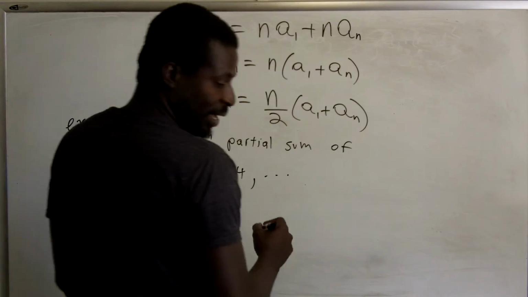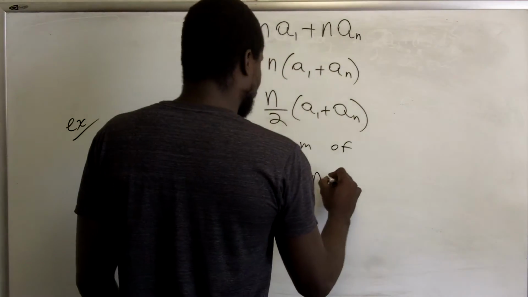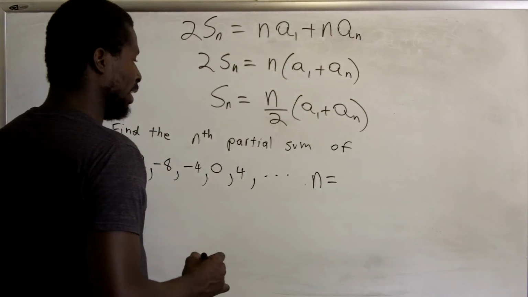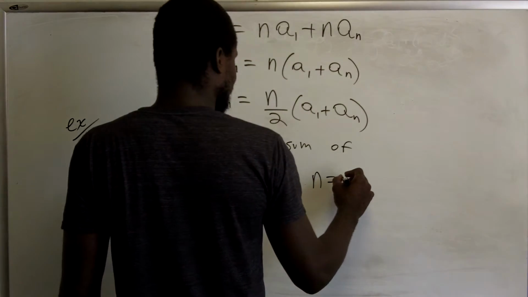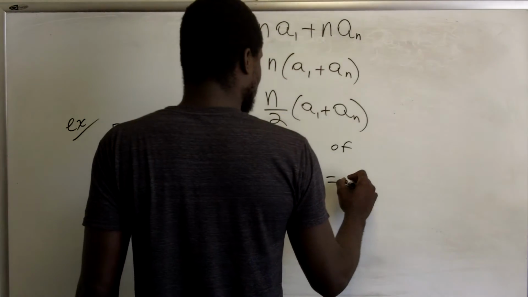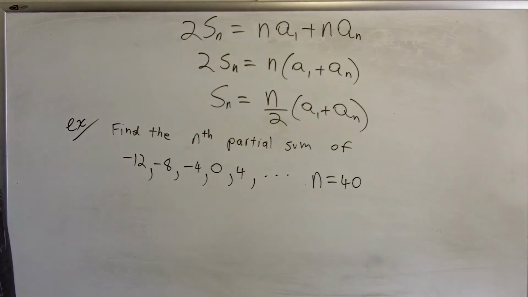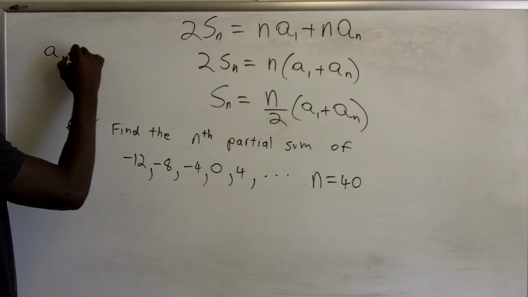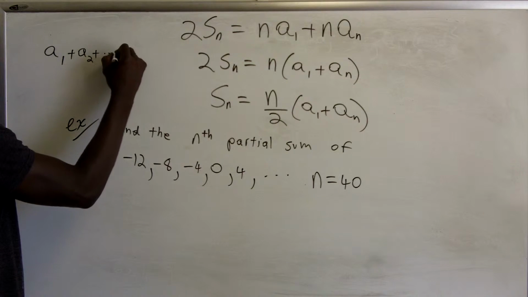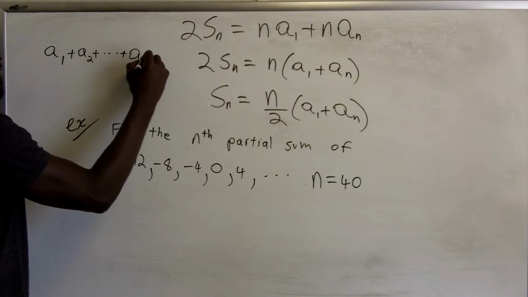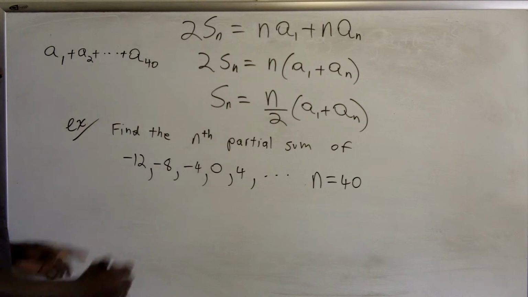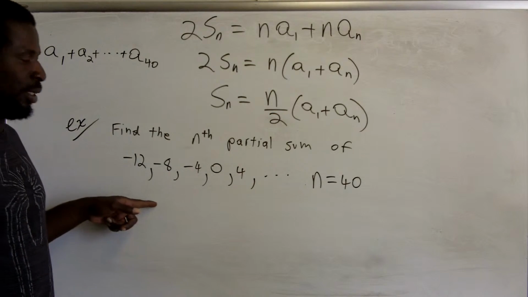I want to find the nth partial sum where n is equal to 40. So I want to find the 40th partial sum, which means I'm adding up a1 plus a2 plus all the way up to a40 for this sequence.